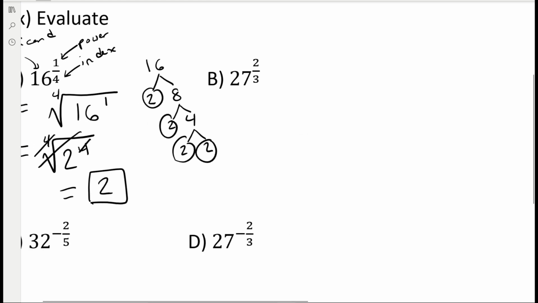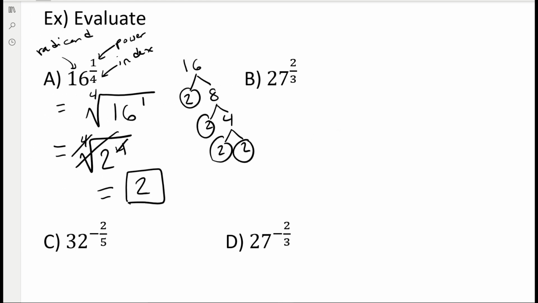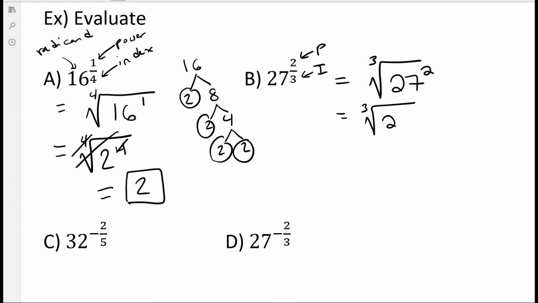All right, so for part B, we have, again, power over index. So this is my power, this is my index. My index is 3, so that's a cube root. My radicand is 27, and then I have a power of 2. So how do I go about solving this? Well, first I can do the cube root of 27. So I can write this out as the cube root of 27 raised to the second power.